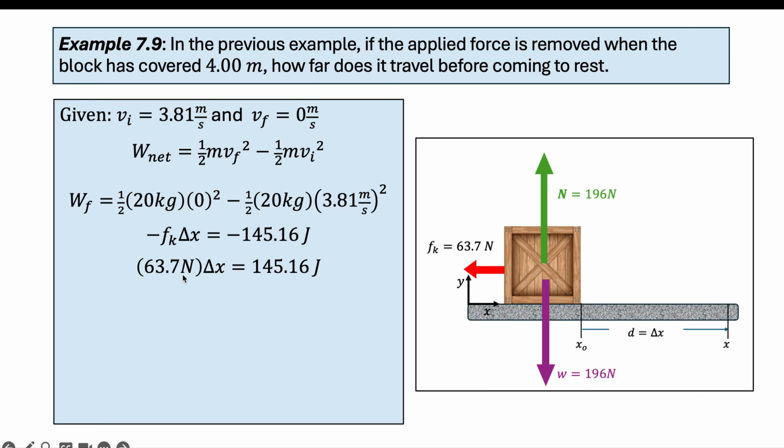If I plug in the frictional force and get rid of the minus sign, which is on both sides of the equation, then I get the frictional force of 63.7 newtons times the displacement is equal to 145.16 joules. If I divide both sides by the frictional force, I get that the displacement is 2.28 meters. So after the applied force is removed, when it is traveling at 3.81 meters per second, it will take 2.28 meters to come to rest due to this frictional force.